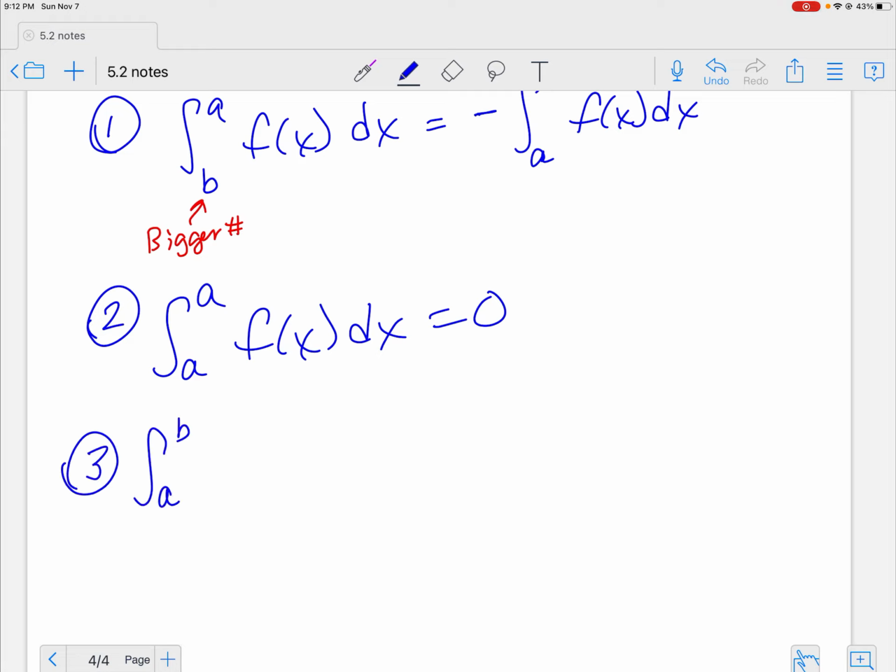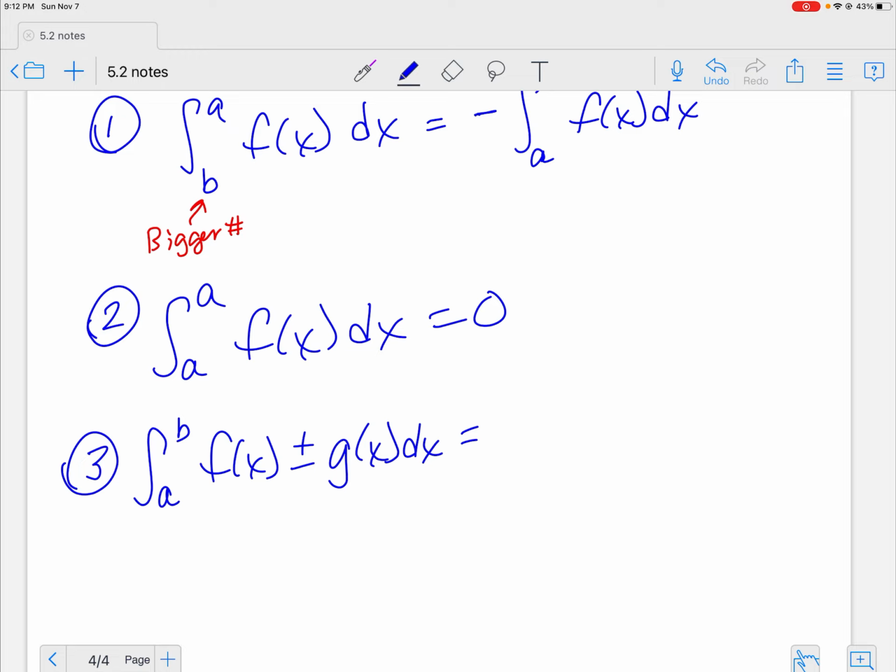Okay. If I'm going to go from A to B here of f of x, and I want to add or subtract g of x to this, the same thing applies like we did with our derivatives, like we did with our limits. This all goes together. So there's nothing brand new with integration. All the rules in terms of adding and subtracting are going to be exactly the same.